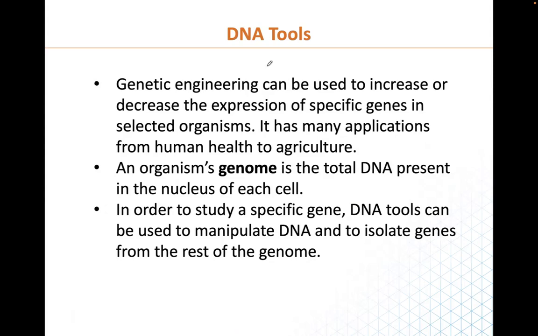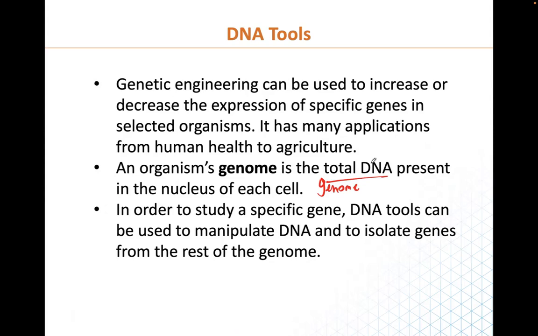An organism's genome is the total DNA present in the nucleus of each cell. So when you say the word genome, it means the total DNA which an organism has.